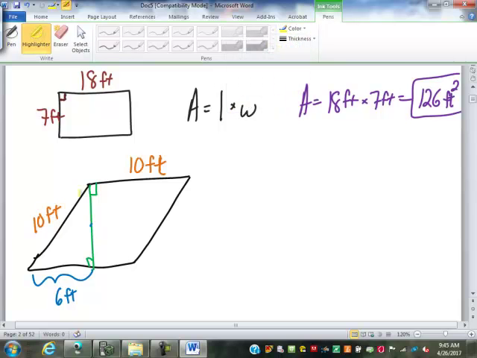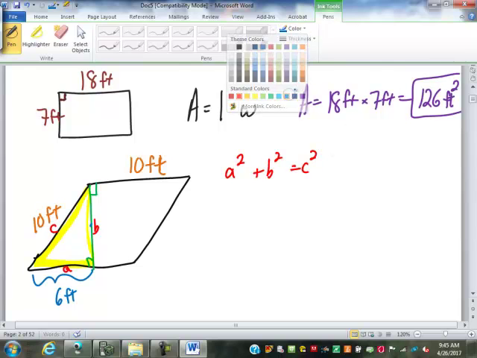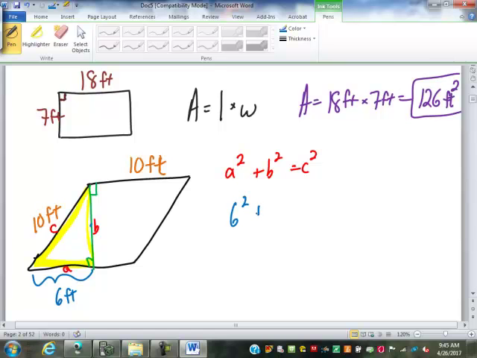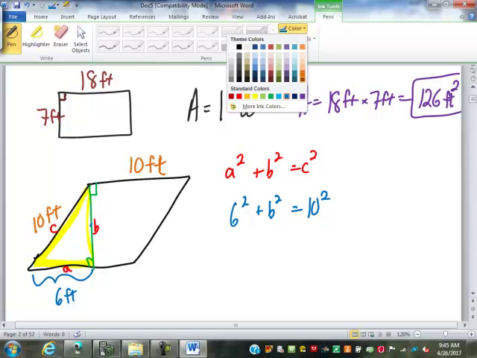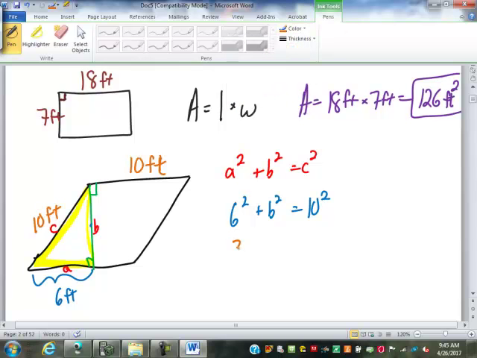Because what I have here now is a right triangle. And in a right triangle, these are the legs. I'll call this A, B, and C. We learned last class A squared plus B squared equals C squared. So we have 6 squared plus B squared equals 10 squared. And we solve. 6 squared is 36. 10 squared is 100.